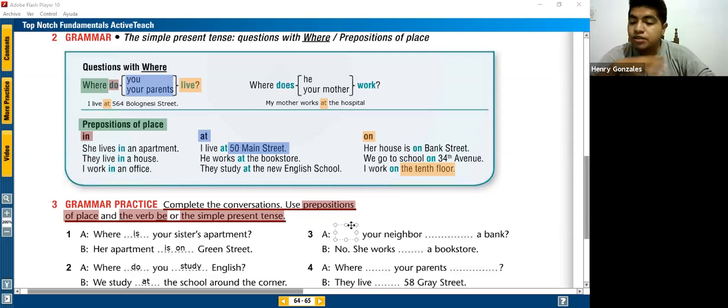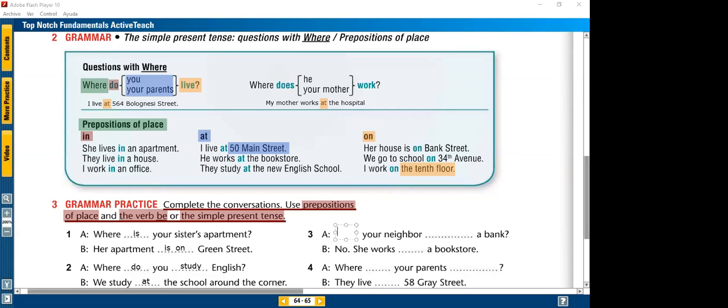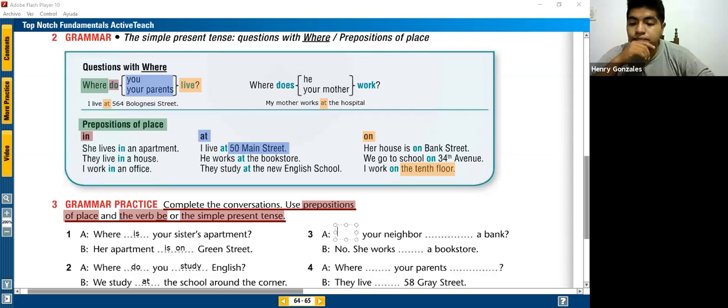Se está respondiendo con no. Incluso te dan un verbo. It doesn't start with where. No debería empezar con where. It's a yes-no question. Gabriela, go on. Tell me your answer.